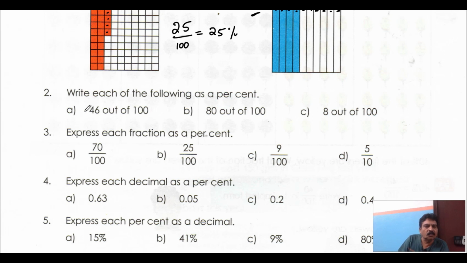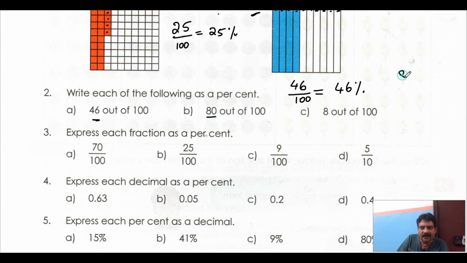So here the question says write each of the following as a percent. First one is 46 out of 100. So we know it, right? You have to write it like this, 46 out of 100. Whatever number is given out of 100 is considered as percent, so it is 46%. In the same way, the second one, 80 out of 100.